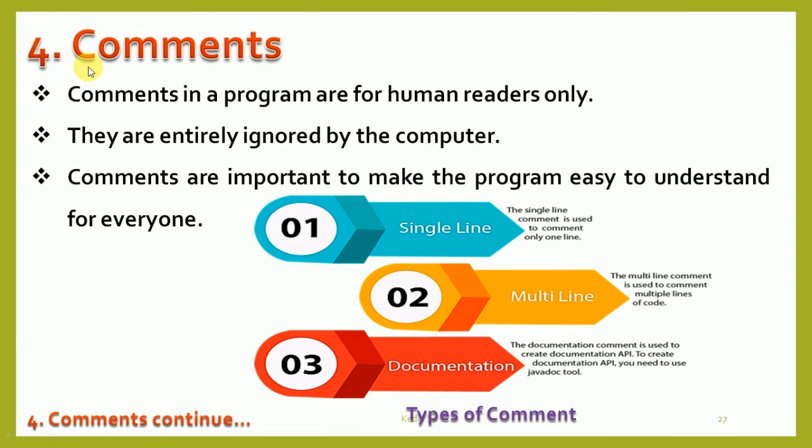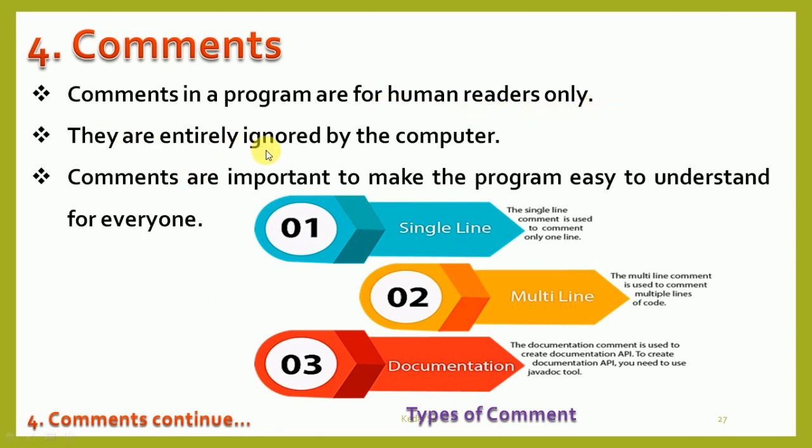After that, the fourth topic is comments. It is very useful for the Java programmer to understand the program, for everyone. So comments in the program are for human readers only, meaning for the programmers only.